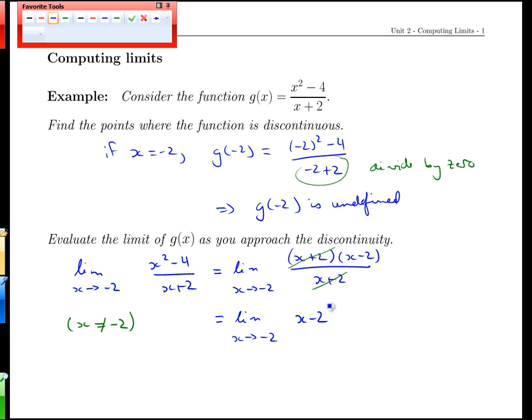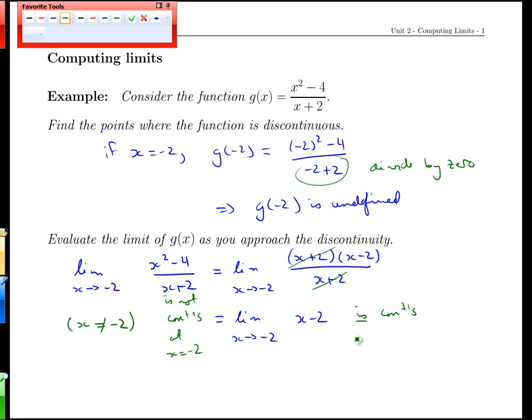Once we've done that simplification of canceling the like terms in the numerator and denominator, then we have something now that is continuous. So this is not continuous at x equals negative 2, sorry. This one is.